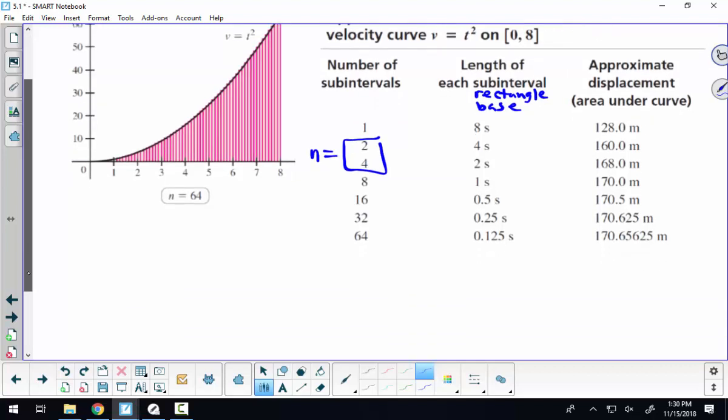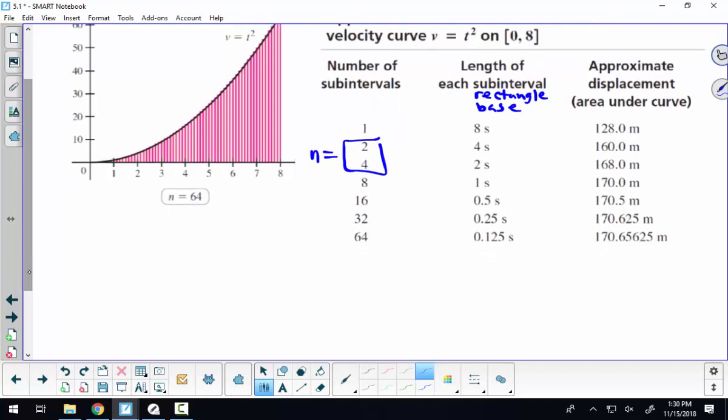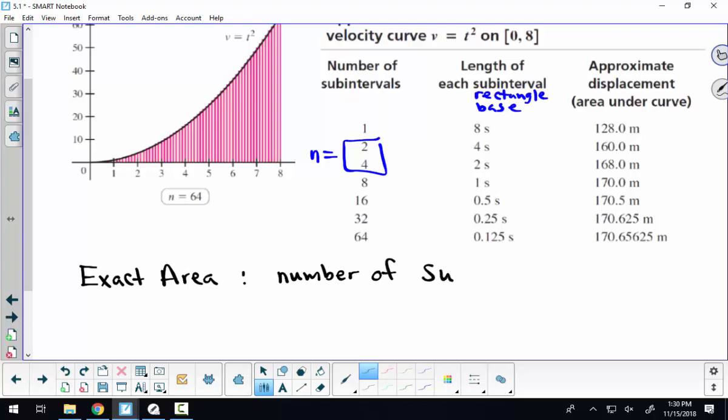So with that in mind, how would we come up with an exact area under t squared from 0 to 8? Making it infinite. Right. So for the exact area, the number of subintervals or rectangles needs to be infinite.